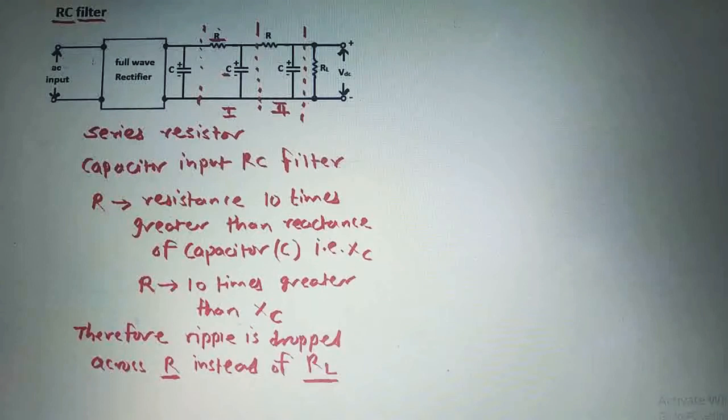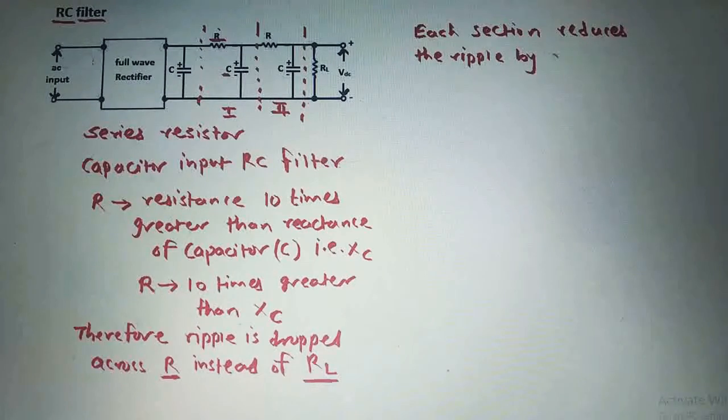As the ripple is dropped across resistor R, each section reduces the ripple by a factor of at least 10.